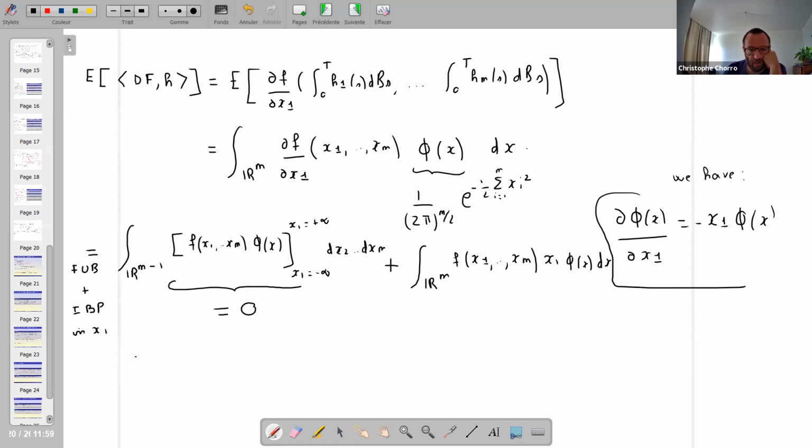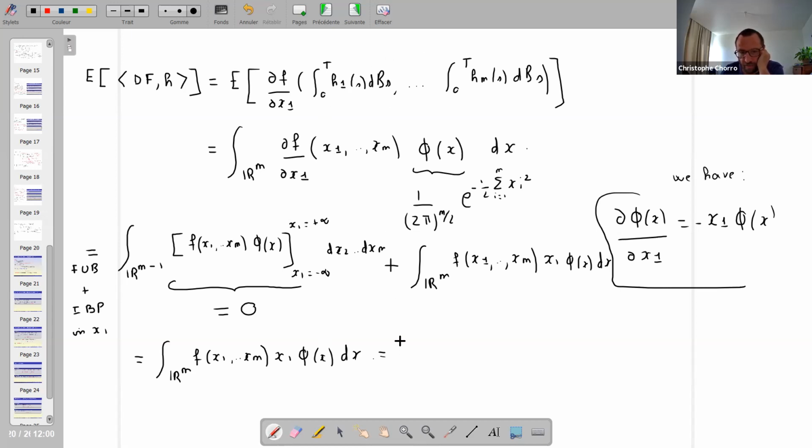And finally, I have simply the integral over R to the power n of f of x1, ..., xn, times x1, times phi of x dx. And here I pass from an expectation to an integral. Here I can do exactly the converse, keeping in mind that phi of x is the density of this Gaussian vector.